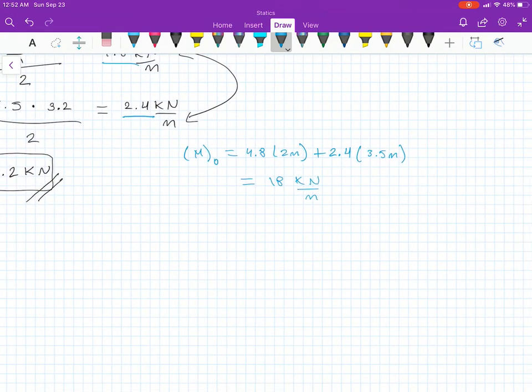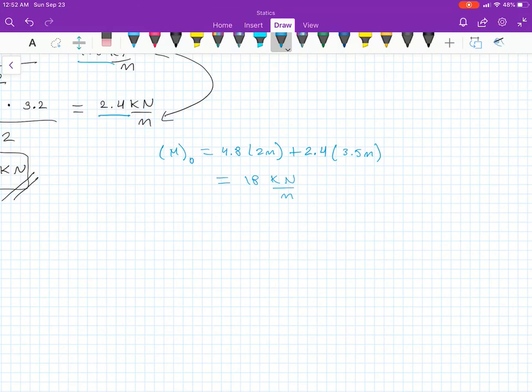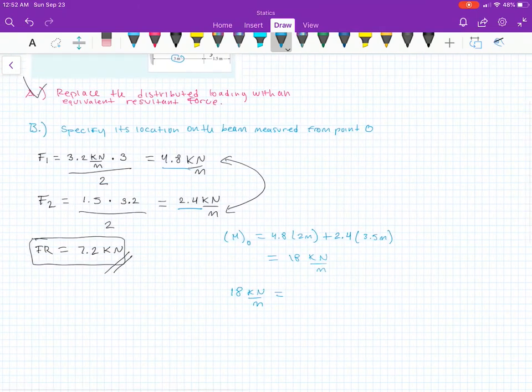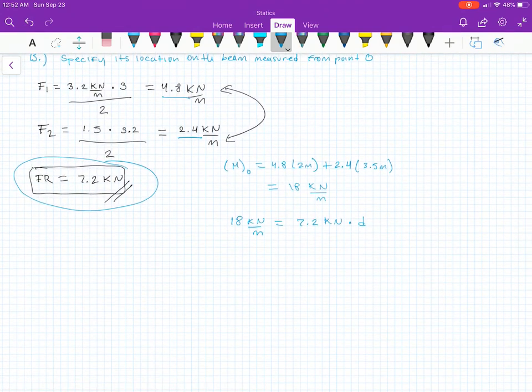Still not done yet. To calculate the distance, we use the moment we just found. So we have 18 kilonewton meter is equal to the force, which we found right here, 7.2 kilonewton, times D. So you just divide 18 by 7.2, and D should give you 2.5 meters.